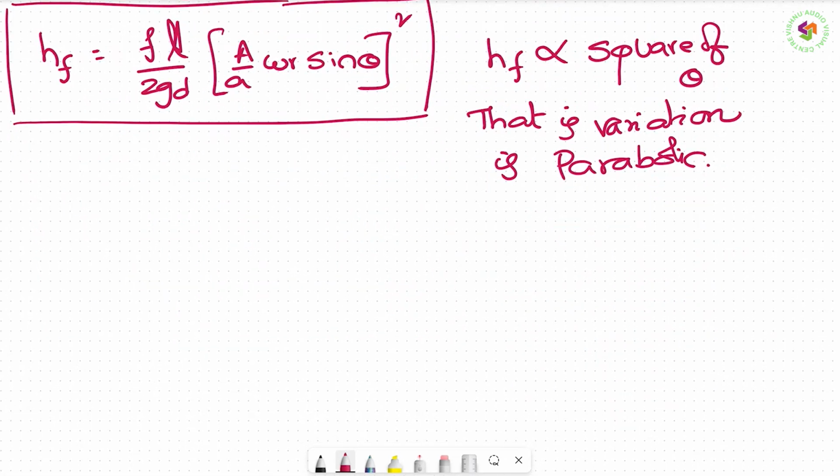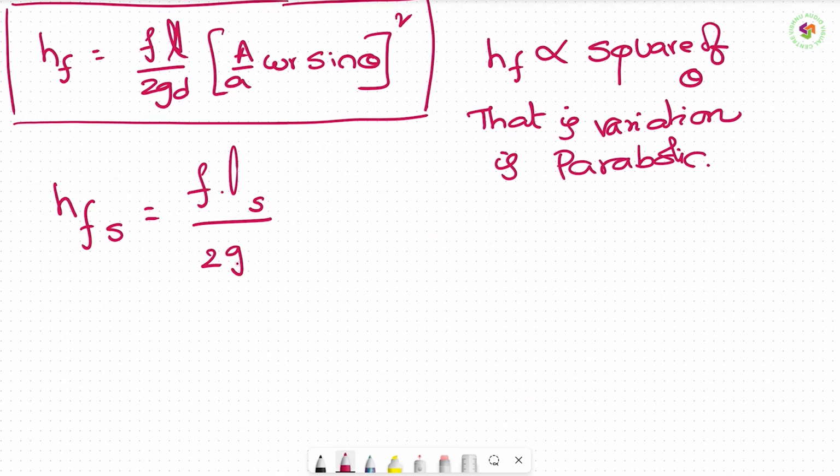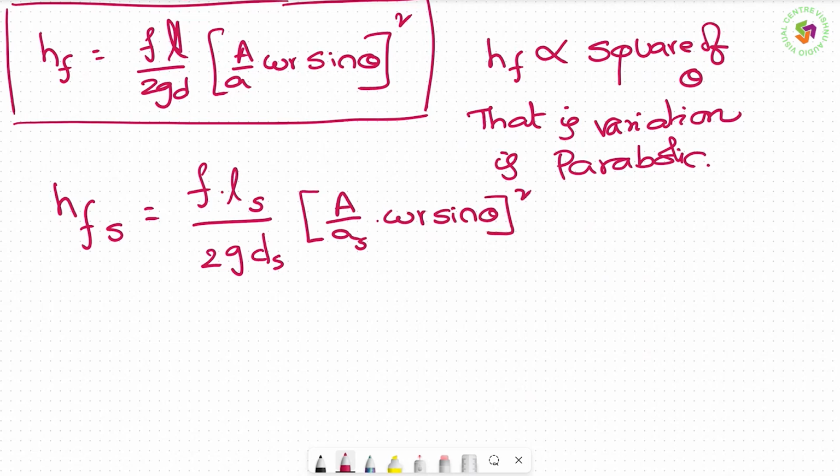How will it be? Let us take the suction pipe: hfs is equal to f ls by 2 g ds into A by as omega r sine theta whole square.